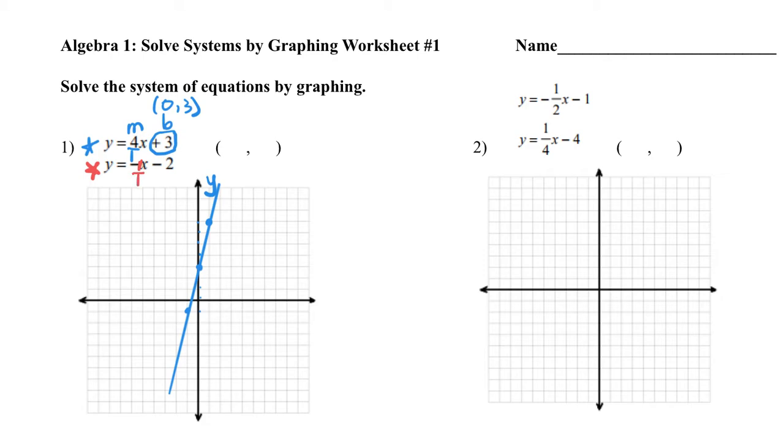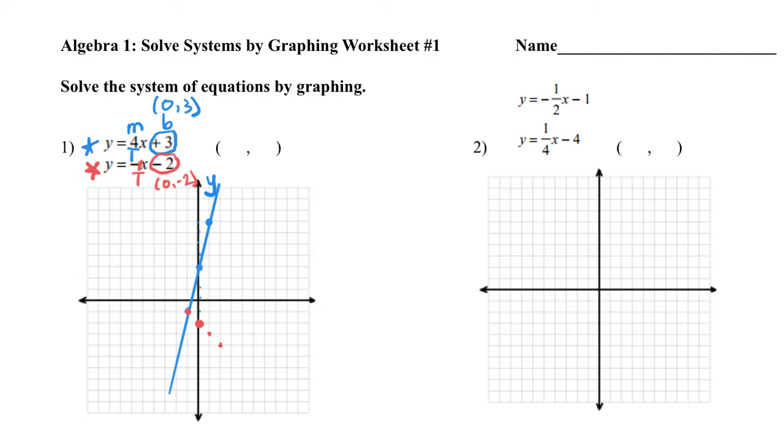But we need to know our starting point first, and that is the constant being added or subtracted to our x. We have negative 2, so that means we're going to start at the point 0, negative 2, which is right here on the y-axis because that's our y-intercept. From there, we can go down 1 over 1, and we can keep going down 1 over 1. We can also go up 1 over 1.